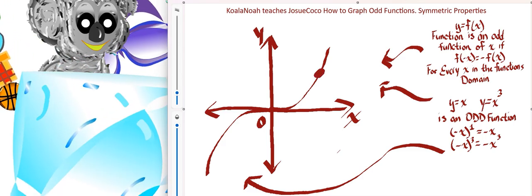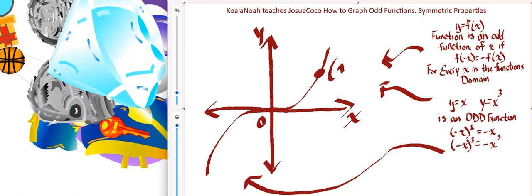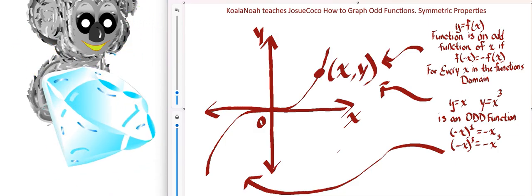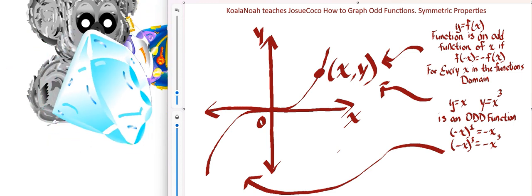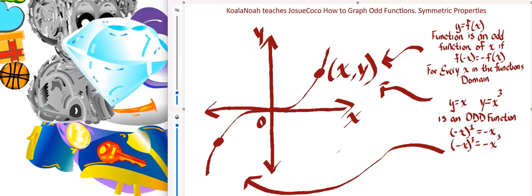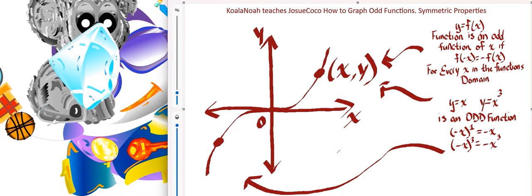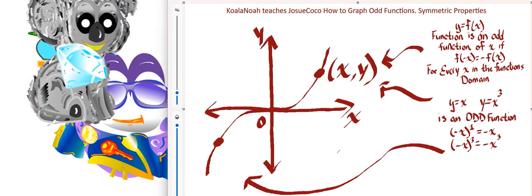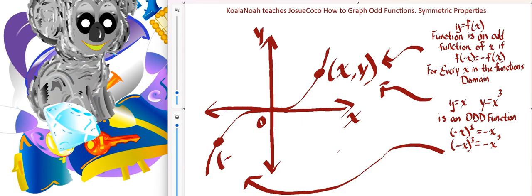We'll take any point within quadrant 1 and label it positive x and positive y, and repeat in quadrant 3.